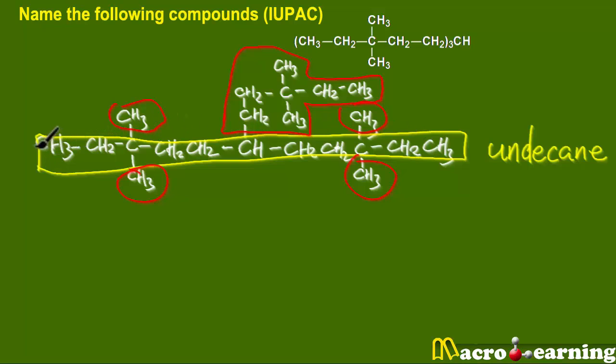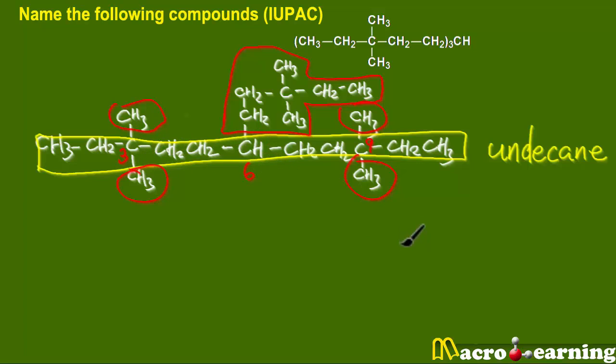So let's start from the left hand side and go 1, 2, 3. So these 2 methyl are on the 3rd carbon, 4, 5, 6, 7, 8, 9. These other 2 methyl groups are on the 9th carbon. Alright, and this group here is on the 3, 4, 5, 6 carbon.